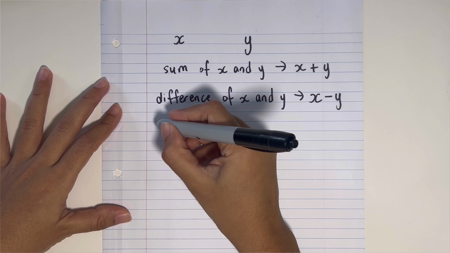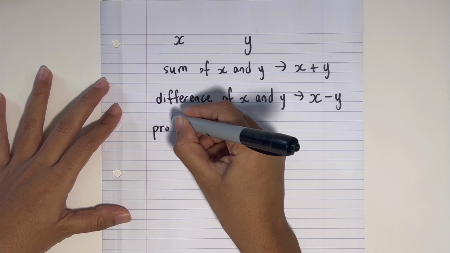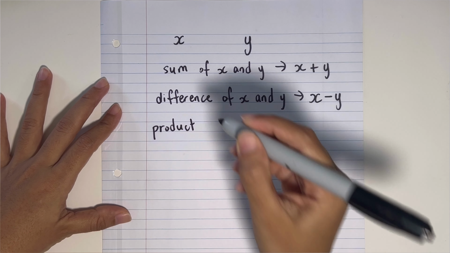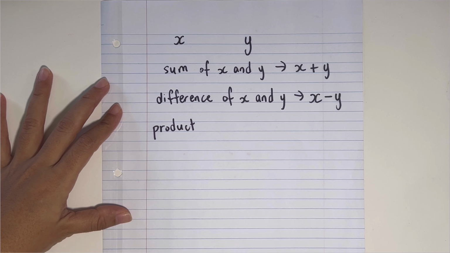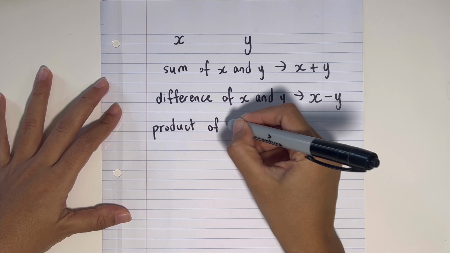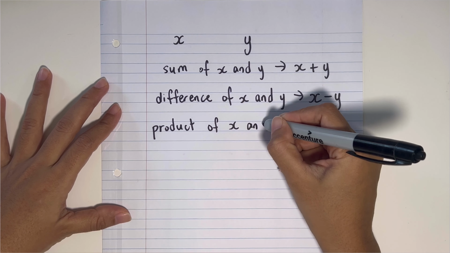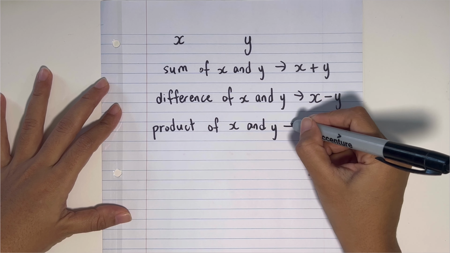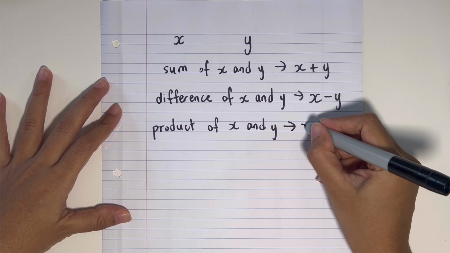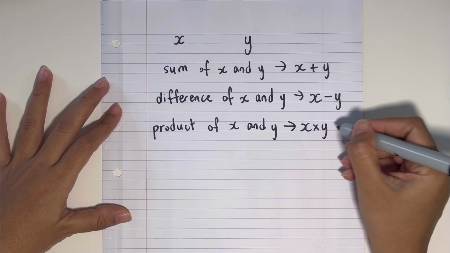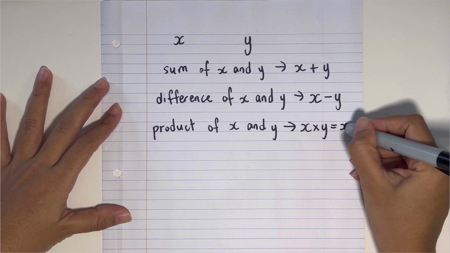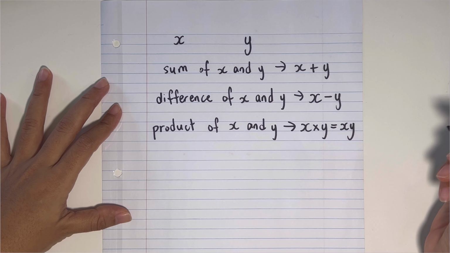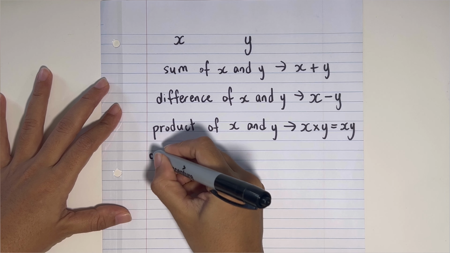Similarly, you may have heard of the product. The product refers to multiplication, the answer that you get when you multiply two numbers. So the product of x and y in algebra, we write this as x times y, and that gives us xy.